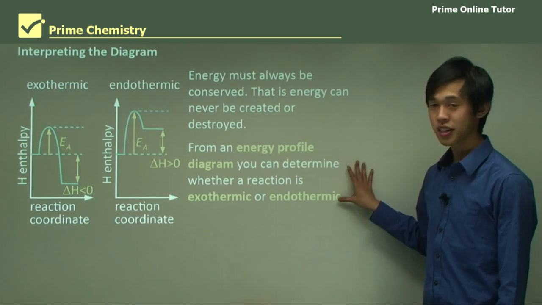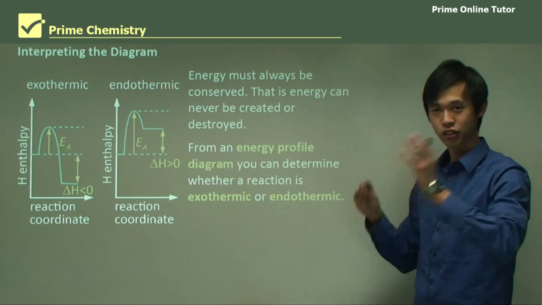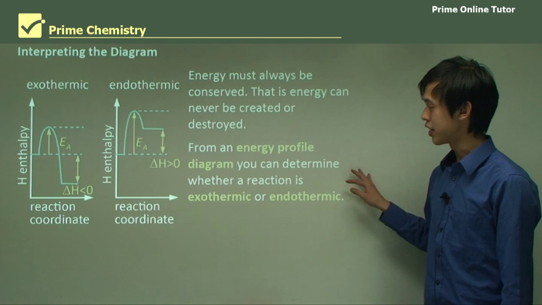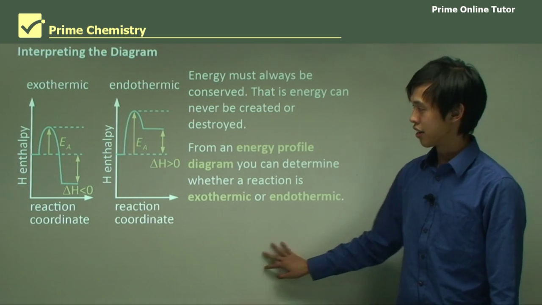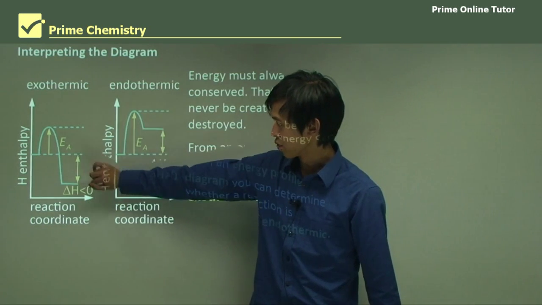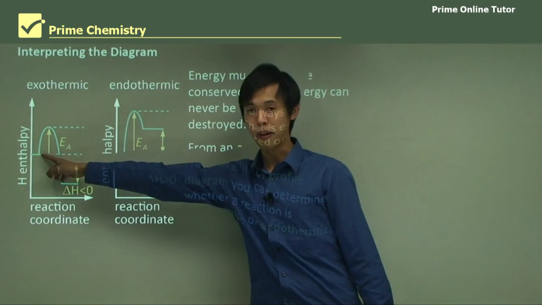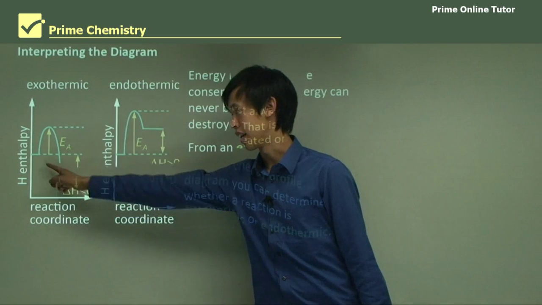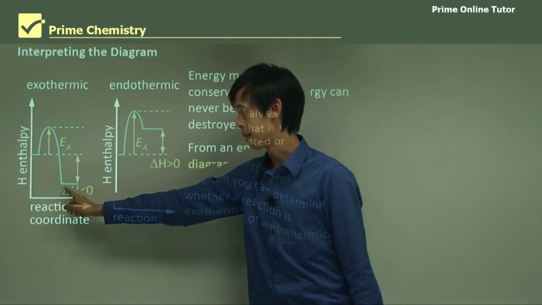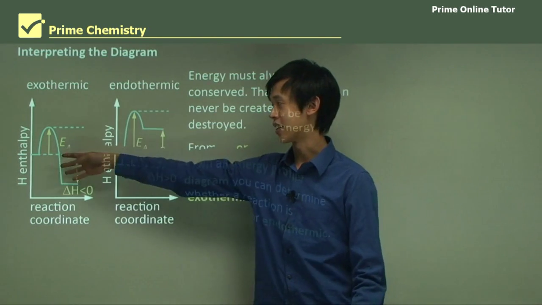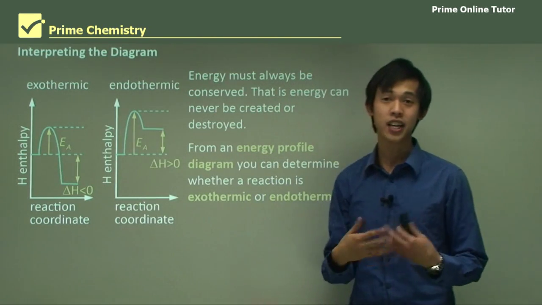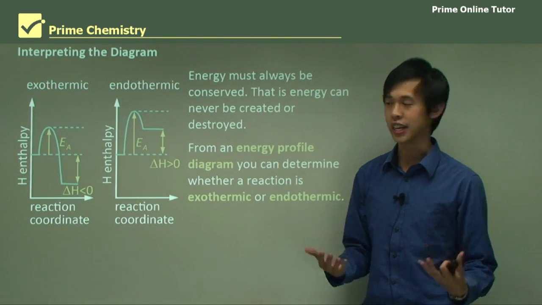From this, as I just pointed out, you can determine whether a reaction is endothermic or exothermic. Here the enthalpy of the reactants is high and the enthalpy of the products is low, and energy is released because that energy had to go somewhere, so we have an exothermic reaction because we get heat and light.